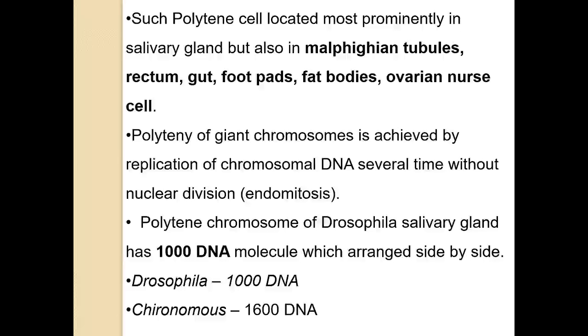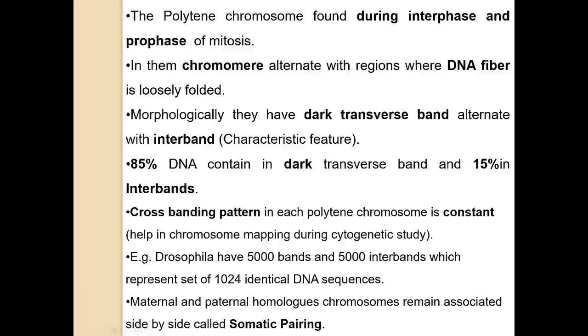That's why the polytene chromosome of Drosophila has thousands of DNA molecules, while Chironomus has 1600 DNA molecules. The best time to observe the polytene chromosome is the interphase or the prophase of mitosis.